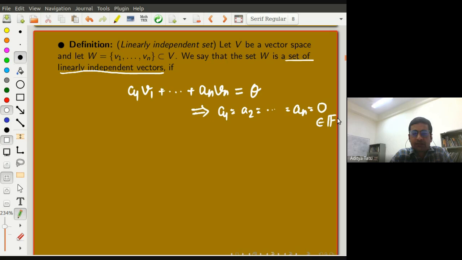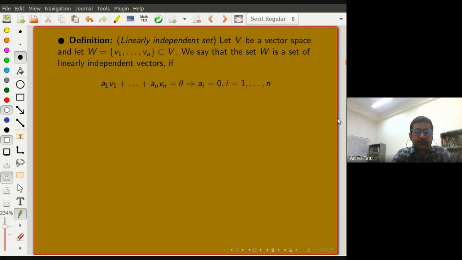Now, whatever was the difficulty in the definition of span, the same difficulty lies over here as well. And the difficulty is, how do I define an infinite set to be linearly independent? Now you should be able to answer this if you have understood the analogous question in the definition of span.